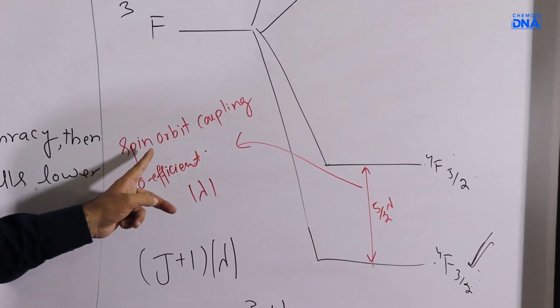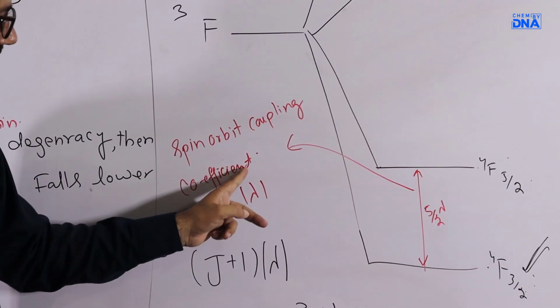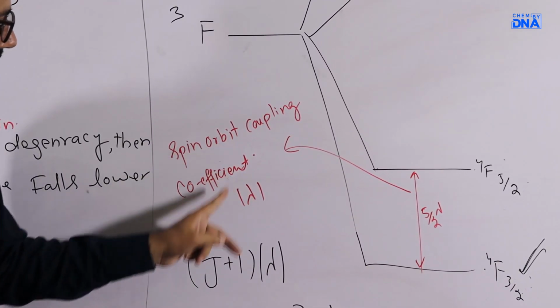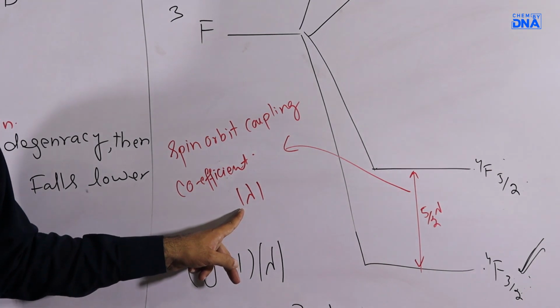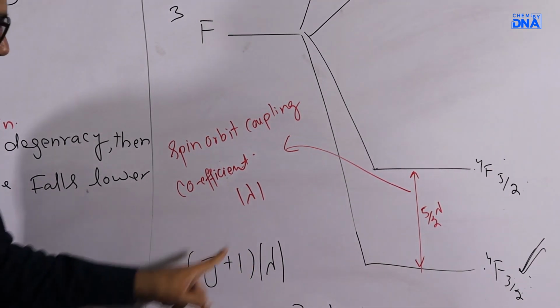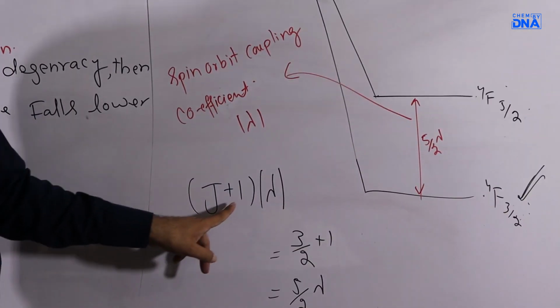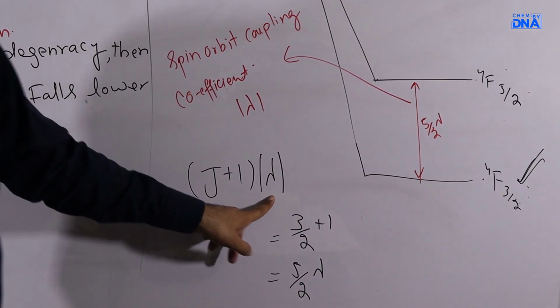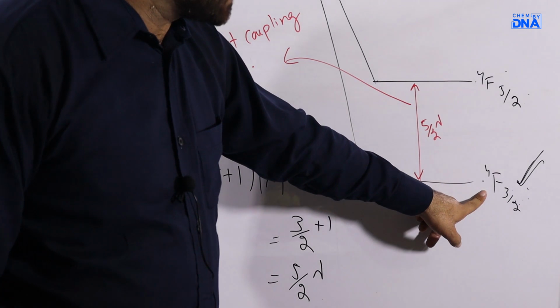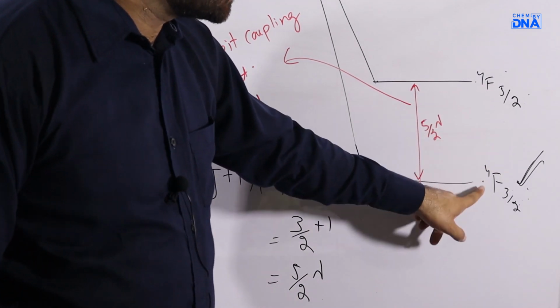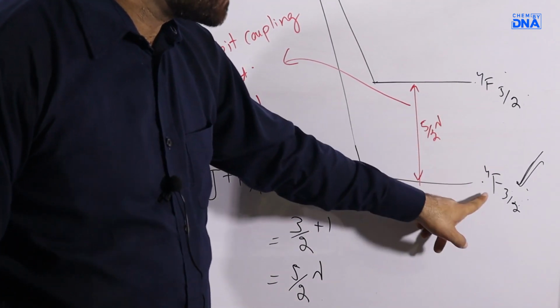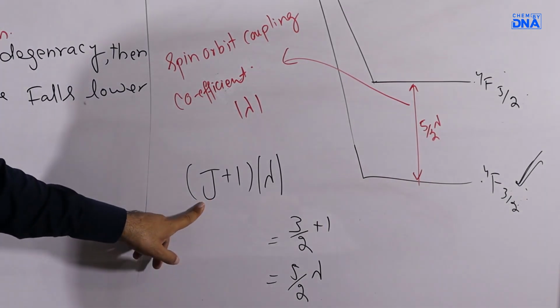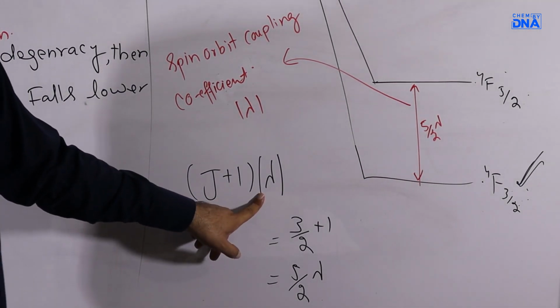What is actually the spin orbit coupling coefficient? This spin orbit coupling coefficient is denoted by lambda, and this lambda is always in accordance with this formula, that is J plus 1 into lambda. So to calculate the energy difference between these two spectroscopic terms, you will take this formula, J plus 1 into lambda.